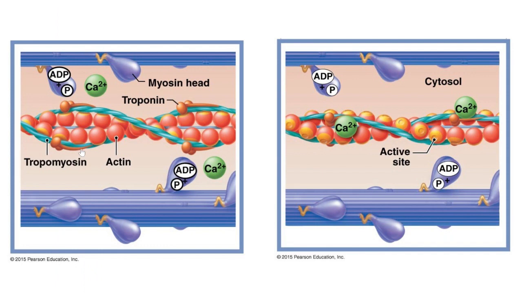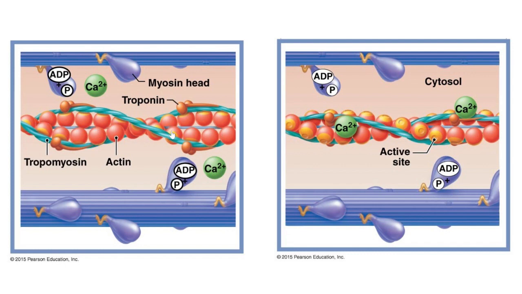So on this image on the left, we see an energized myosin head, as it has already hydrolyzed an ATP to ADP and a phosphate. We also see this actin filament with the active site blocked.